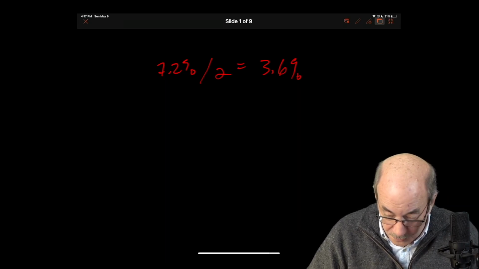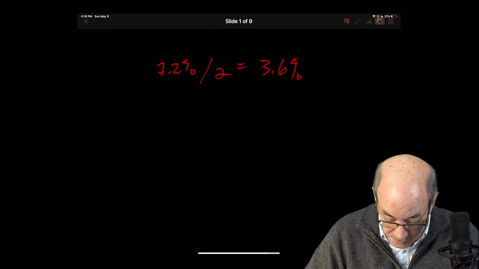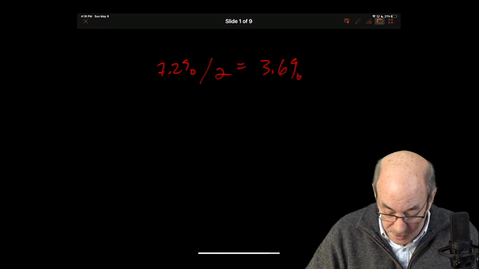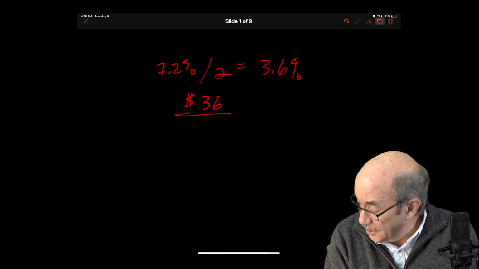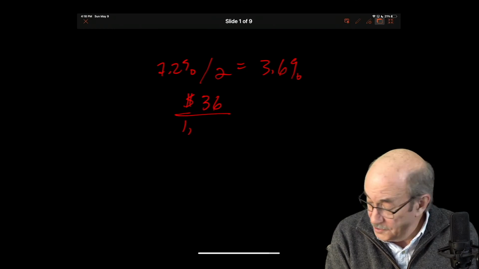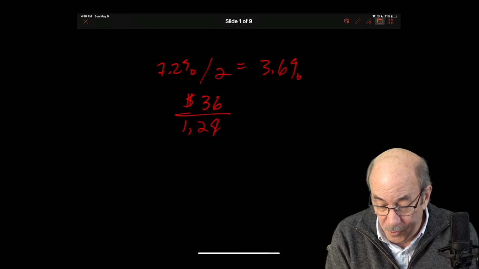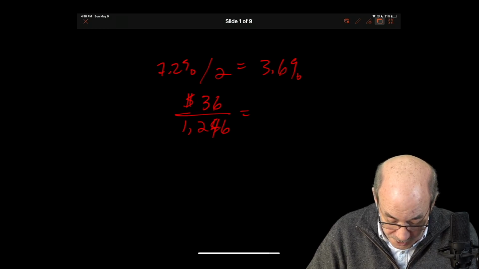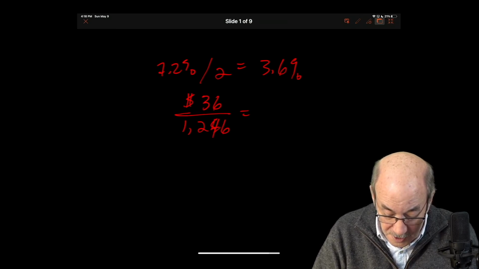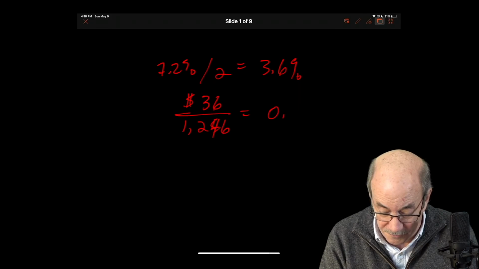So 0.036 times my 1,000 gives me $36. And that's on a current price of $12.46. So divide that by $12.46, and I get a current yield of 0.0289.